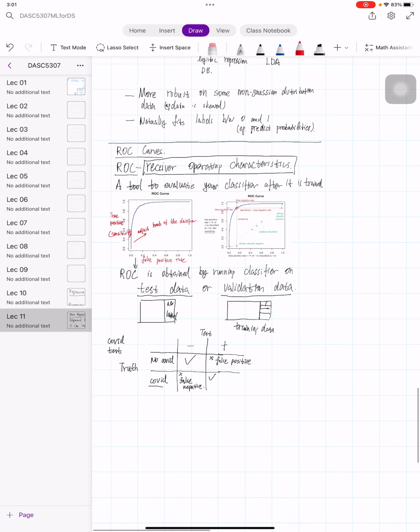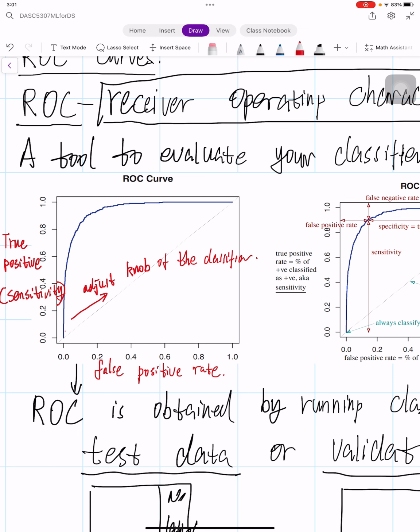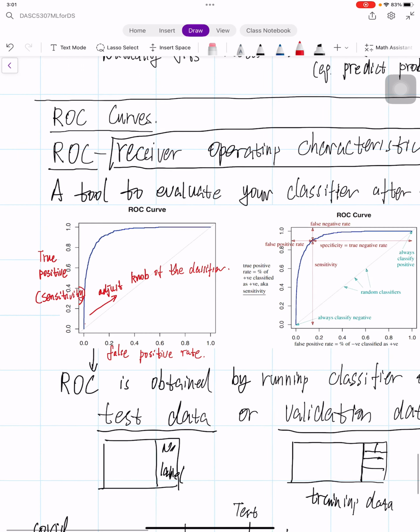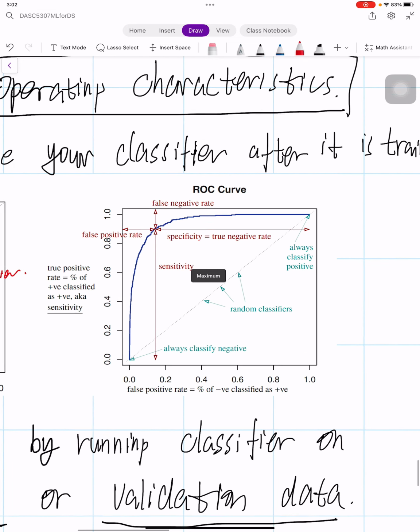So by changing the knob, for each knob we get a different classifier, right? Let's look clearly at what's inside here. Suppose now we use, let's say, 0.4 as a knob. The x-axis is the false positive rate.